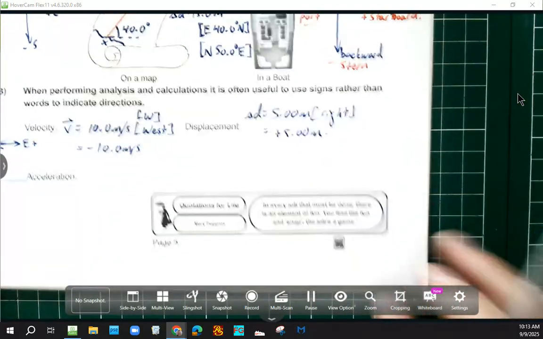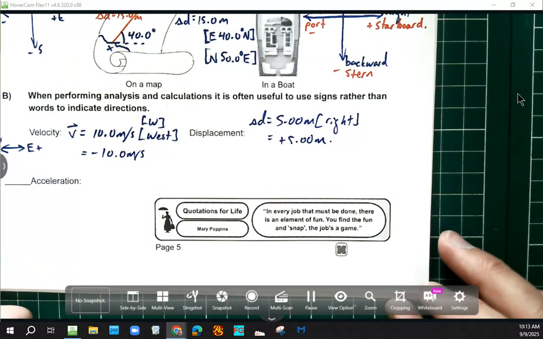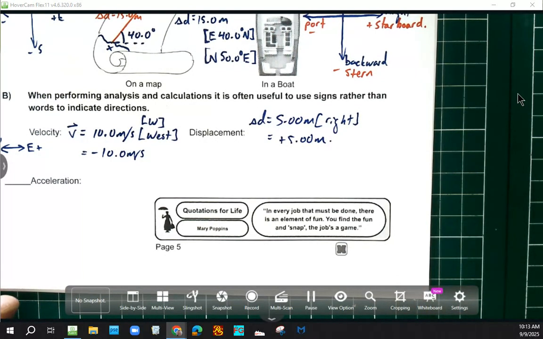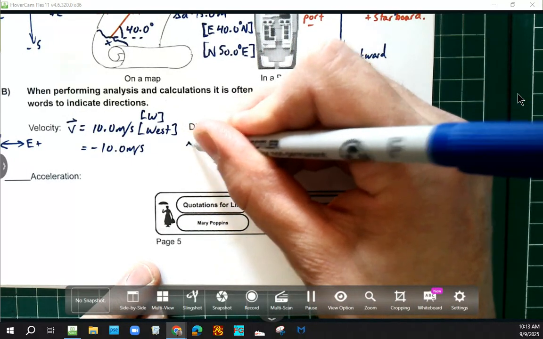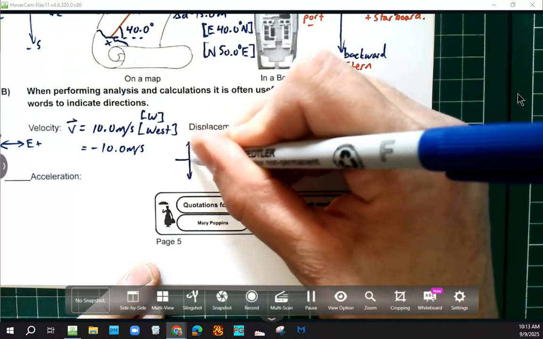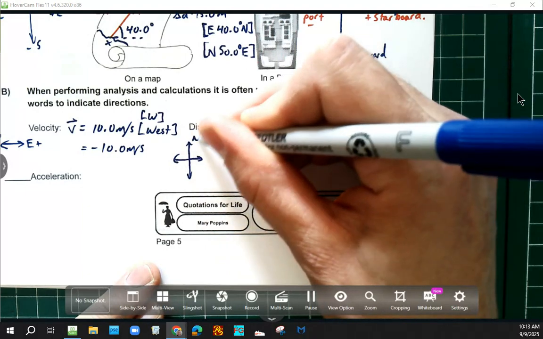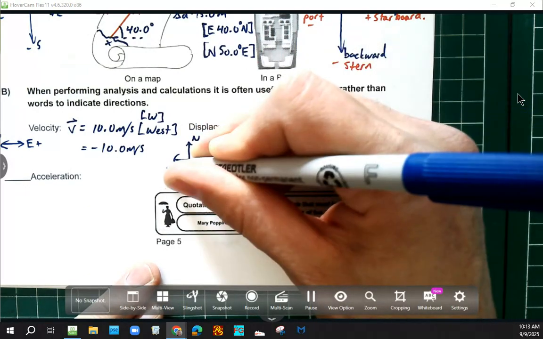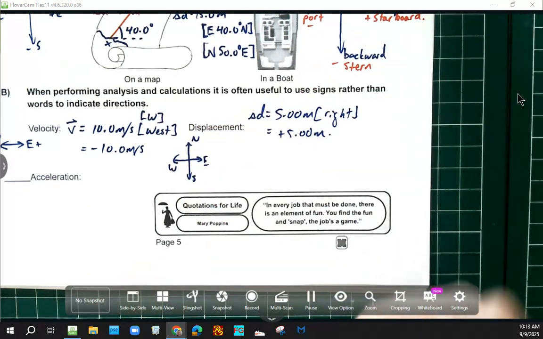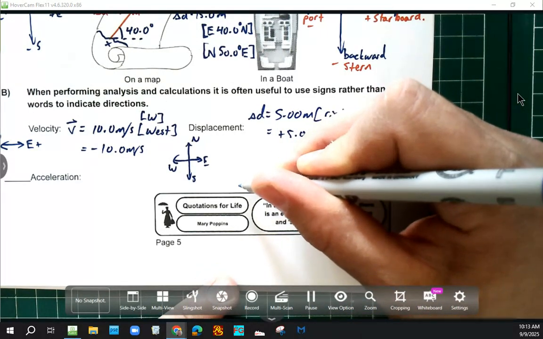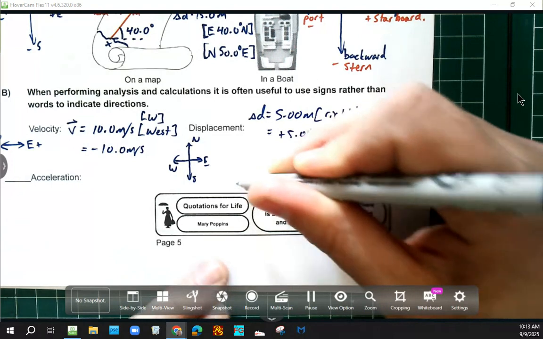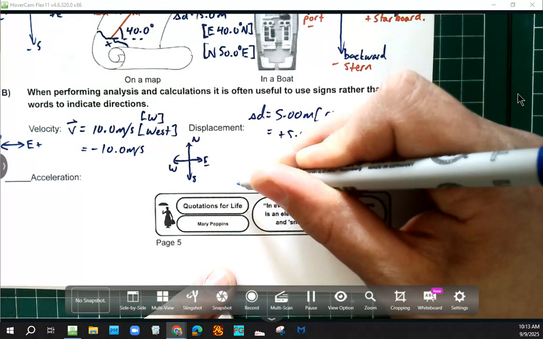Now the dilemma gets into this two-dimensional stuff. We saw this with the map for the first time, but it could be that you're traveling through a neighborhood. And if you're traveling through a neighborhood, it might make sense to define your reference frame with north, south, east, west. Well, it always makes sense to define your reference frame. But let's say you're walking through a city or suburban neighborhood, and you can't cut through people's backyards.